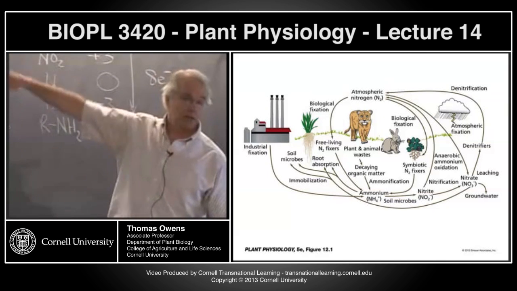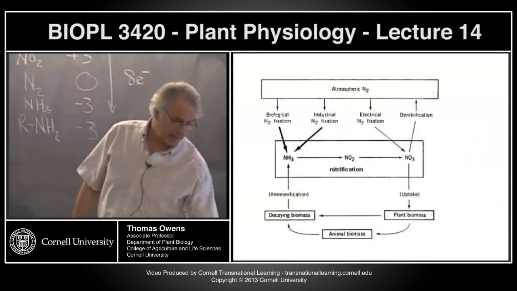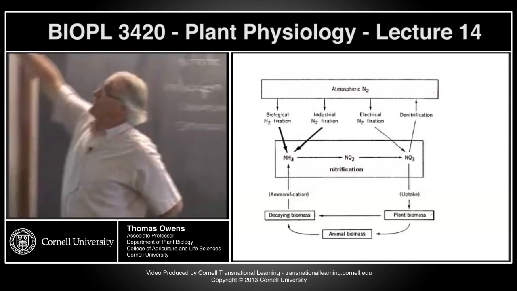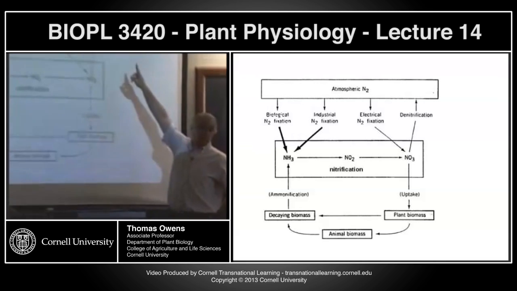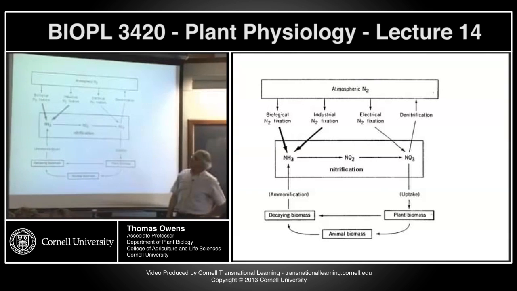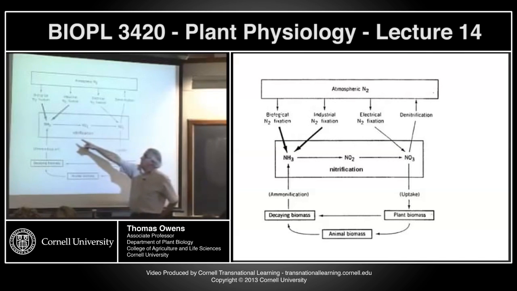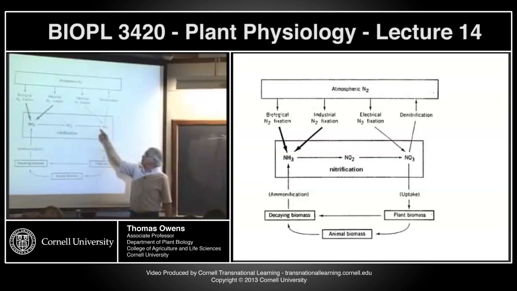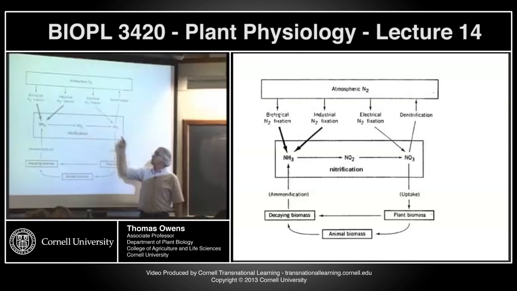So this looks relatively complicated. I have a much easier global nitrogen cycle here where we've got atmospheric nitrogen up at the top. And remember, I said there's tons of that compared to these other forms of nitrogen. Ammonia, nitrite, and nitrate are all available in the soil, although the vast majority of it is in the form of nitrate.